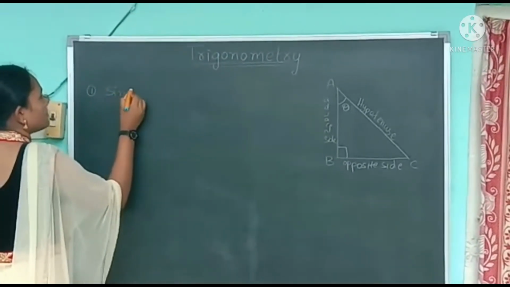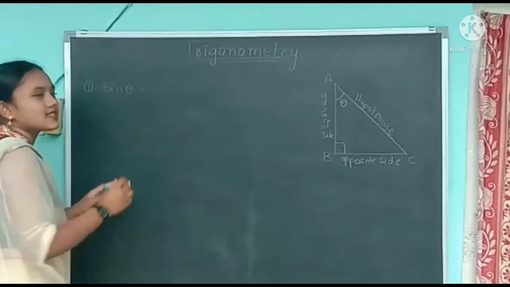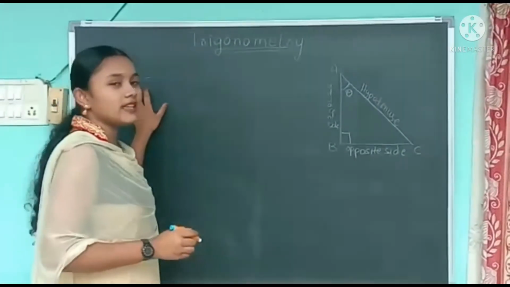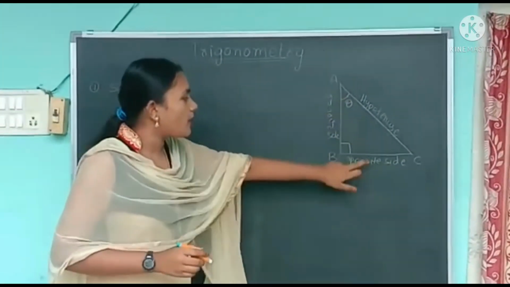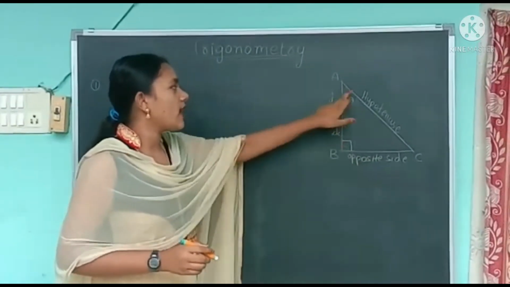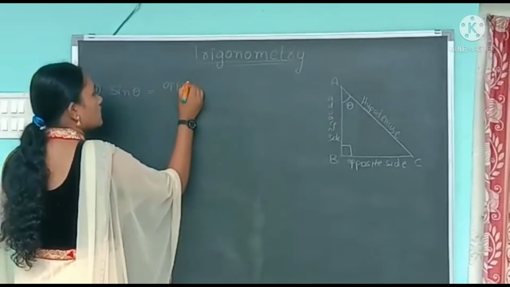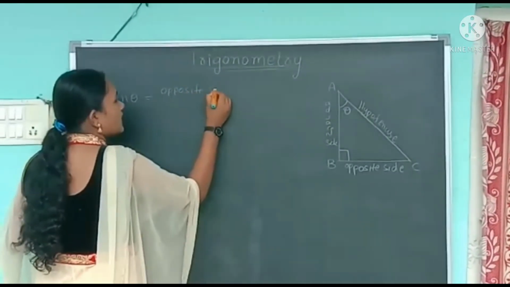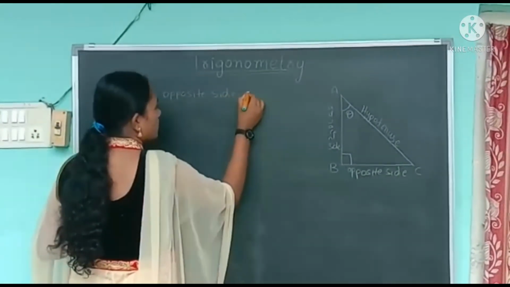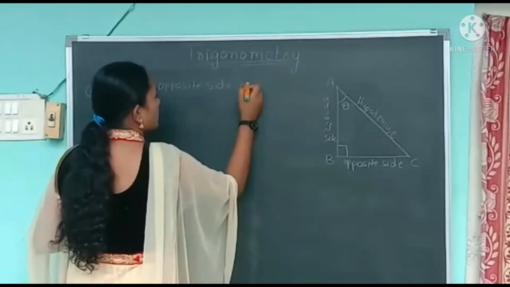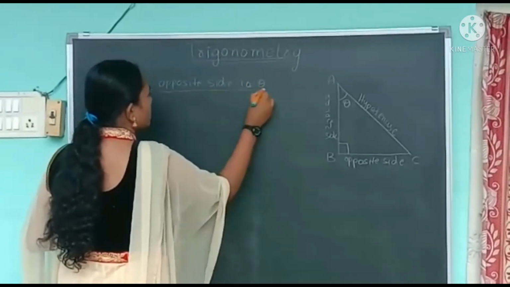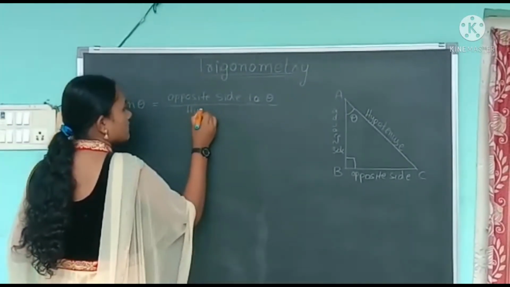So the first one is sin theta. What is sin theta? Sin theta means the opposite side to theta by hypotenuse.